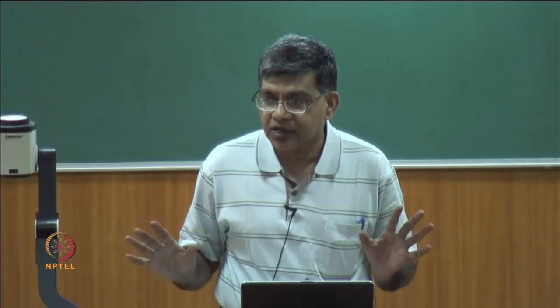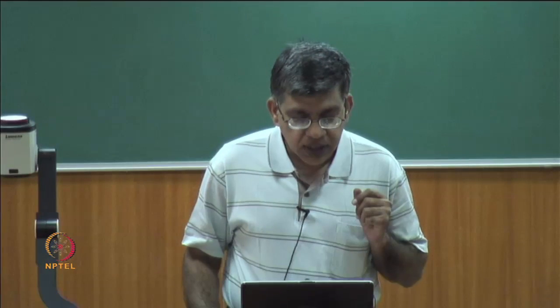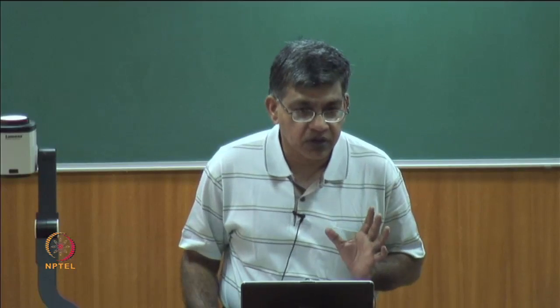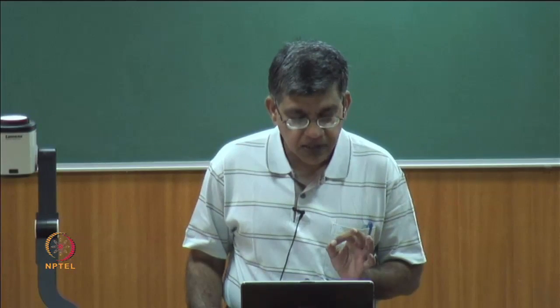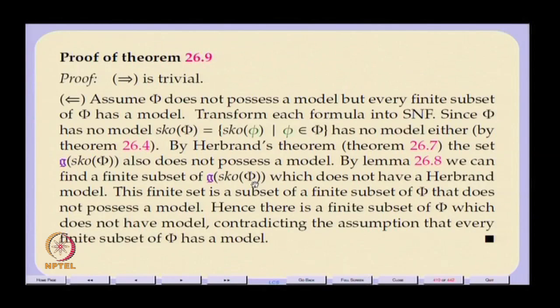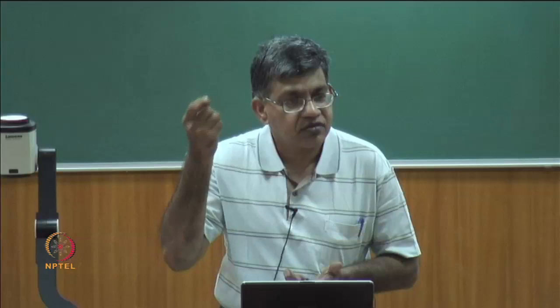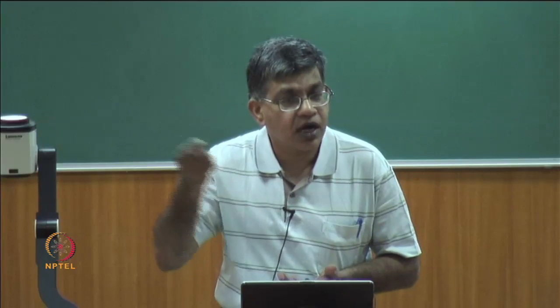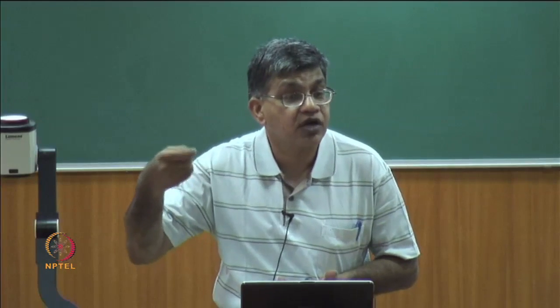All this is countable at most, and the assumption that it does not possess a model means that there is a finite subset which does not have a model, and it therefore means there is a finite subset of G sco phi which does not have a model. But that finite subset of G sco phi comes from some finite subset of formulae in phi, and they are just some finite set of ground instances of those.